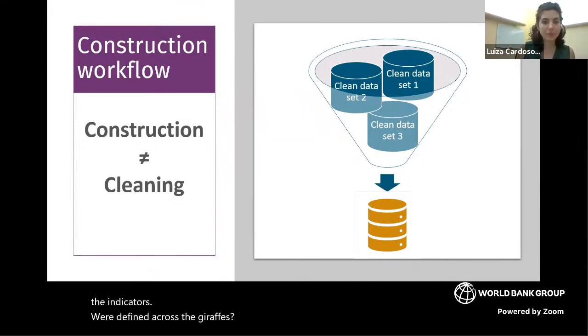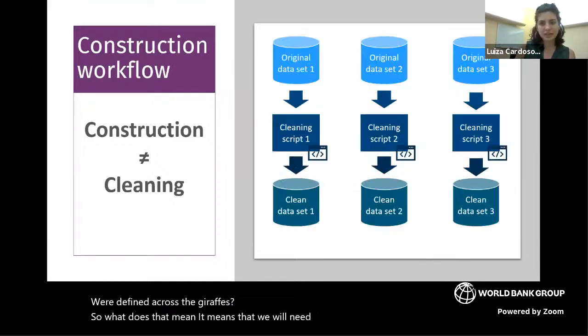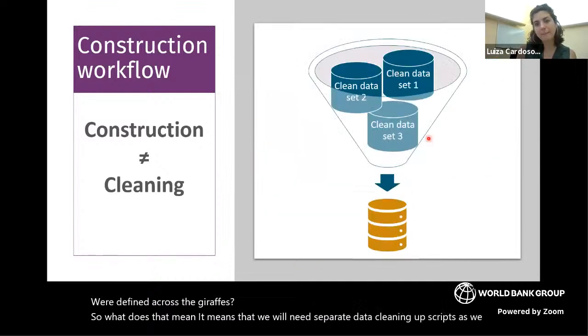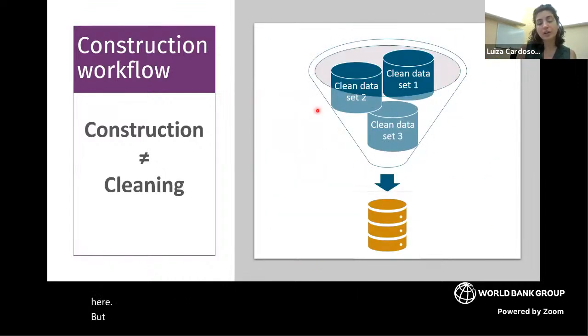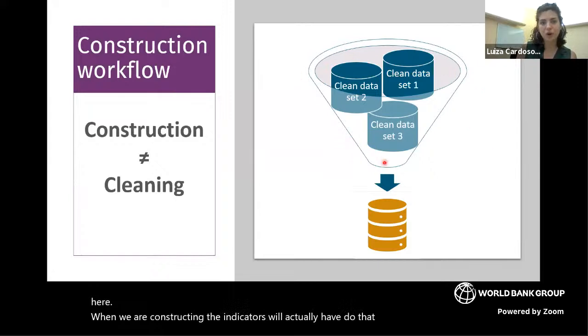So what does that mean? It means that we will need separate data cleaning scripts, as we have here, but when we're constructing the indicators, we'll actually do that together for all the different data sets.